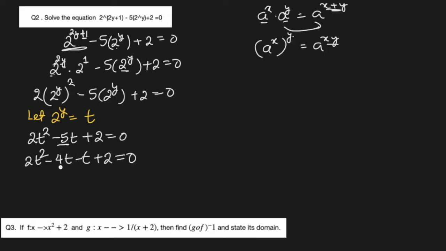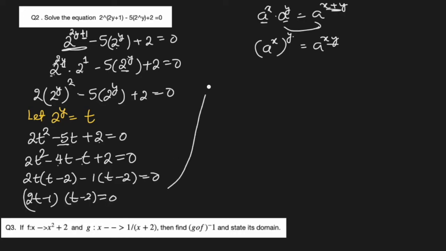I've separated negative 5 into these two parts because these are the factors of their multiplication. 2 times 2 is 4 and 4 times 1 is also 4. That's why. So let's take 2t common here. So 2t(t minus 2) minus 1(t minus 2) equal to 0. So (2t minus 1)(t minus 2) equal to 0.